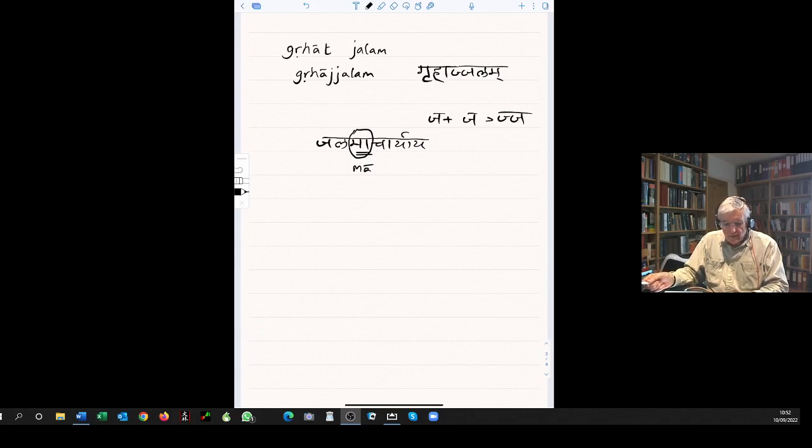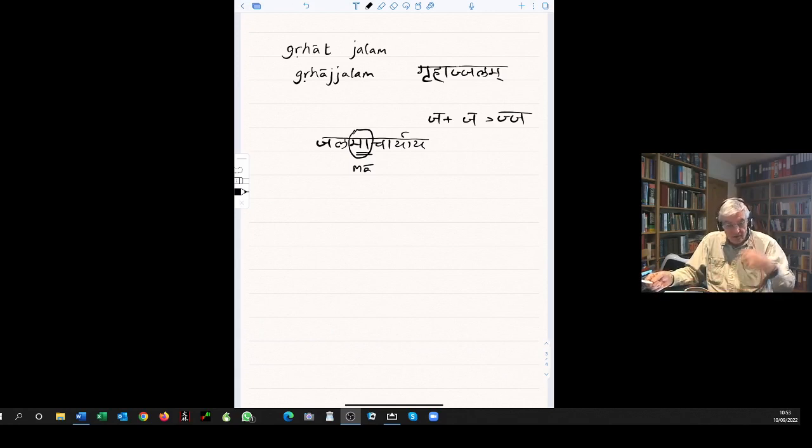Sentence D. Ramastatra jalaya gachatiti viro vadati. So viro vadati, the hero says, Ramastatra jalaya gacchati, iti, unquote. Rama thither for water is going.